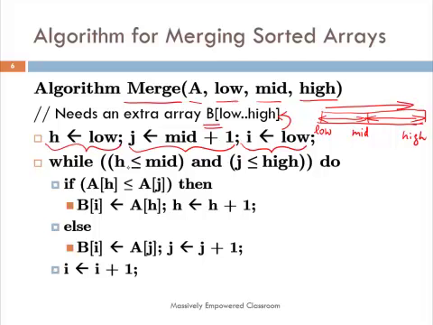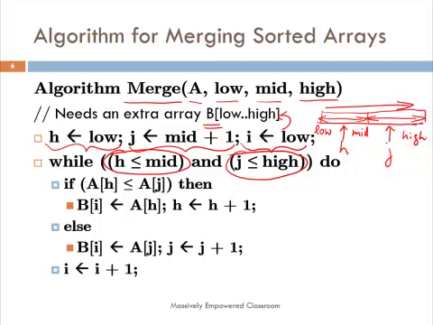So while h less than or equal to mid and j less than or equal to high, that means while there are still elements in the first part and while there are still elements in the second part. h less than or equal to mid means h is going to be pointing somewhere here, j is going to be pointing somewhere here. They both should not go outside the bounds of those two parts of the array. So h should be less than or equal to mid, j should be less than or equal to high.